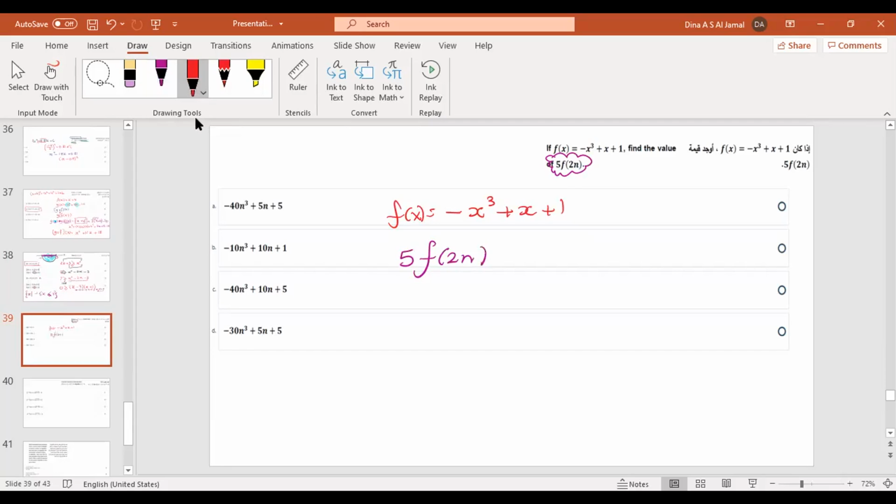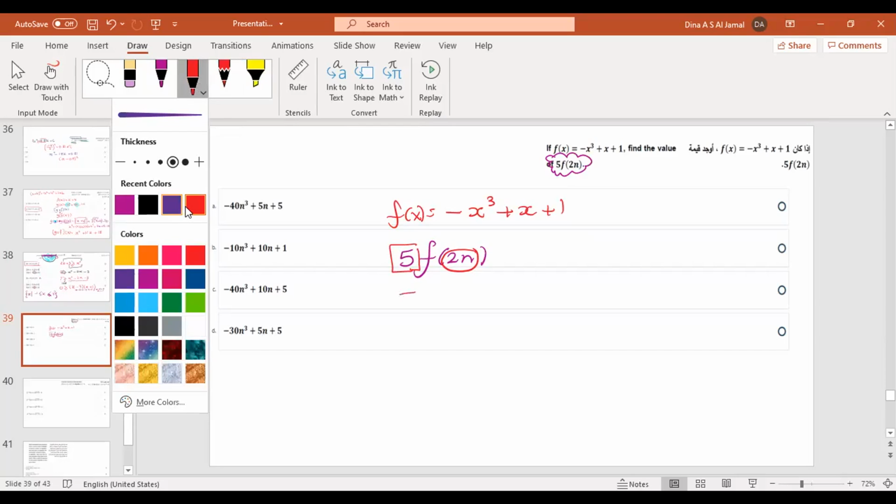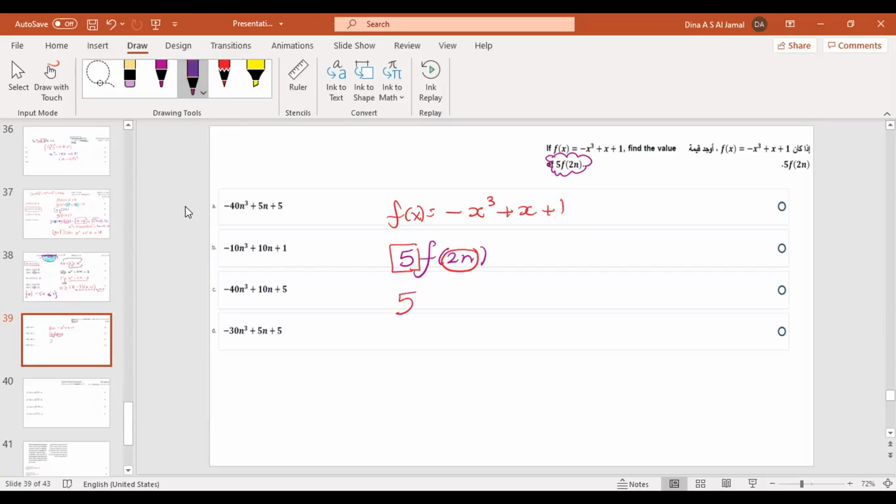That means your input now will not be x, it will be 2n. And everything will be multiplied by 5 at the end. So let's see. Multiply now 5 by all of this. Now it will be minus, and put the 2n, cube it, plus 2n plus 1.